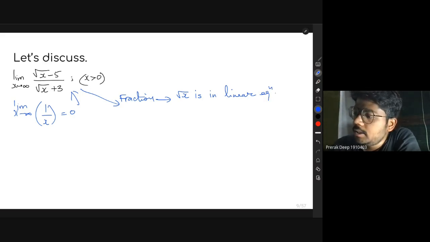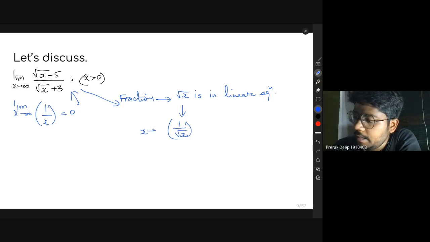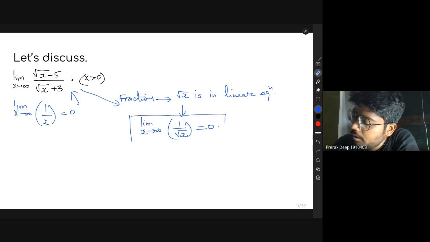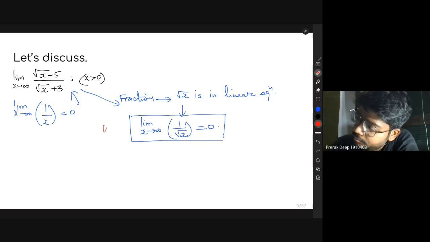So we want to convert this into 1 over x type factors, so that as x tends to infinity, they will be equal to 0. We can use this limit. This is the idea.